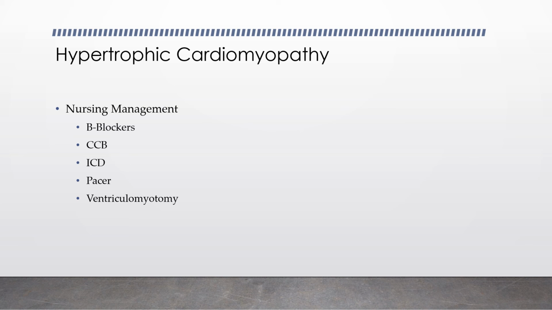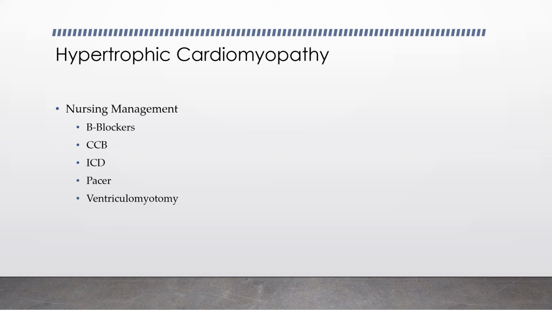So moving on to nursing management, we would need medications because that muscle is unable to relax and I don't have very good preload or very good fill on that, very good volume in my ventricle. I need medications to help improve ventricular filling, specifically left ventricular filling.